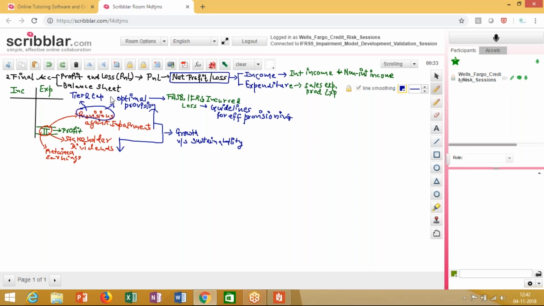But you know what? Stakeholders are people who just love to see their cash boxes ringing, right? So when Basel says you need to keep aside this amount of capital to ensure that your bank is stable, somewhere this money comes out of the profit itself, right? So what happens at the end of the day is that the shareholders get lower dividends, and hence they feel that their expectations are not being met in the short run.